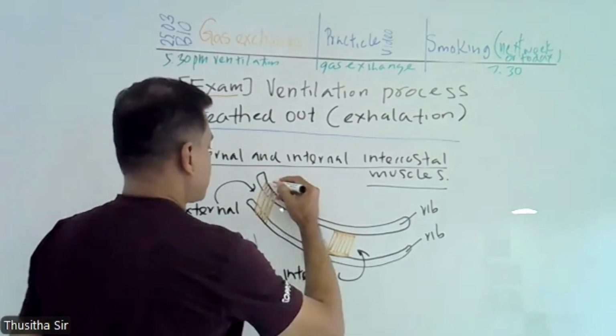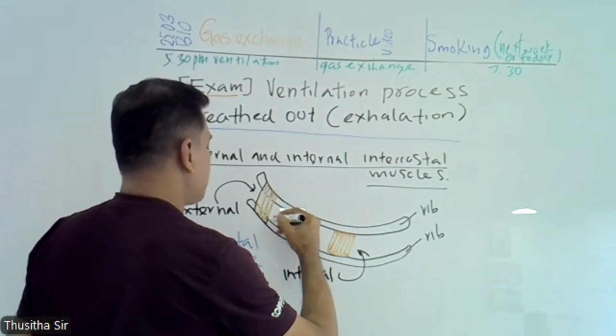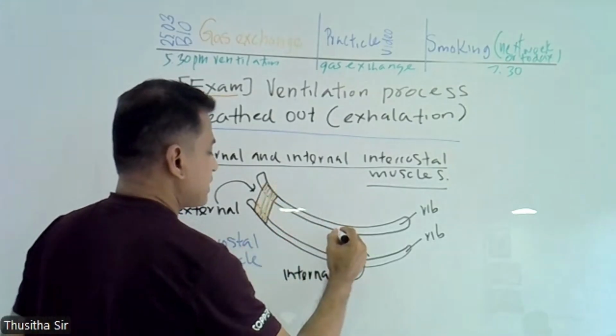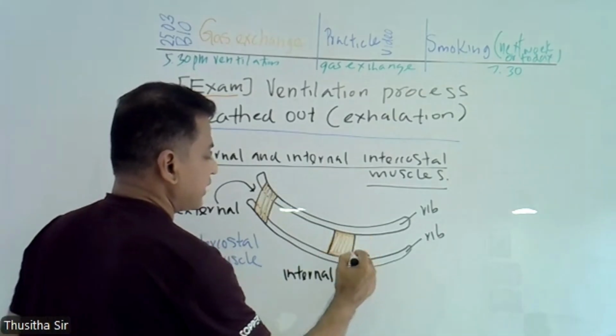So these are located externally, that means all this part is covered. And this one is located inside, so we can see only this part.